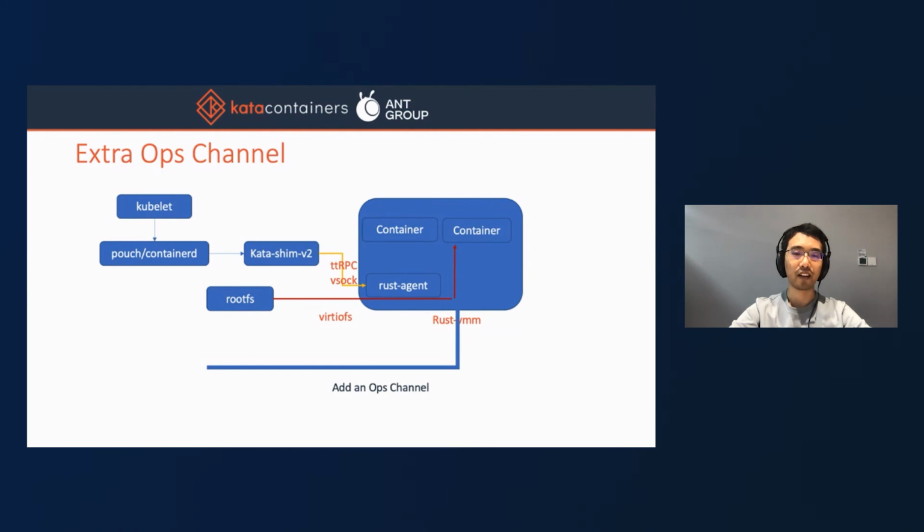So we added an ops channel to the virtual machine, so the SRE team can manage and look into the virtual machine. The ops channel is not exposed to the real users, which is limited by the Kubernetes APIs.